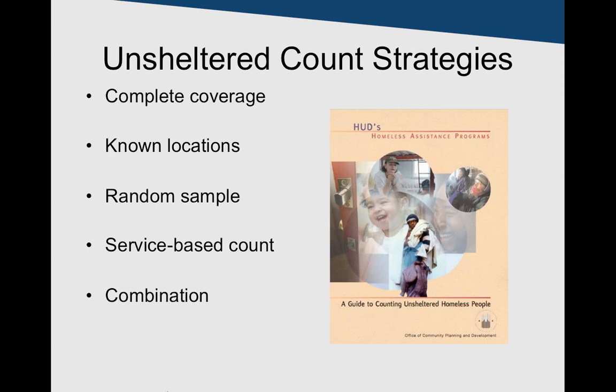The known location approach is utilized when the CoC identifies locations where people are known to be unsheltered and where they are known to tend to congregate at night, such as in certain neighborhoods, possibly at tent encampments, under bridges, etc. The random sample strategy identifies all of the geographic areas within the CoC where homeless persons may be staying and selects a sample of those areas to canvass.